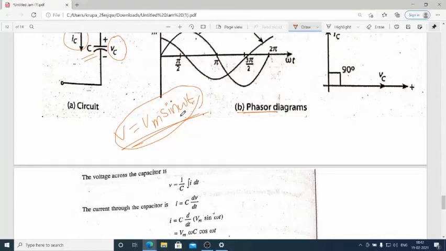The voltage across the capacitor is V is equal to 1 upon C integration of I dt. This equation is derived from I is equal to C dV upon dt, which was derived in the first chapter.